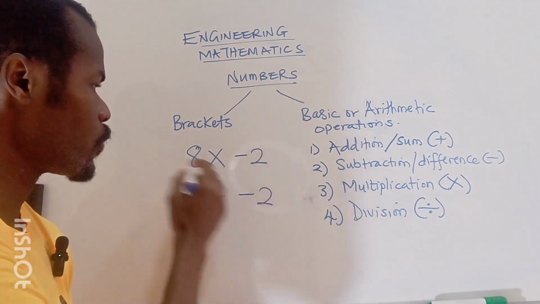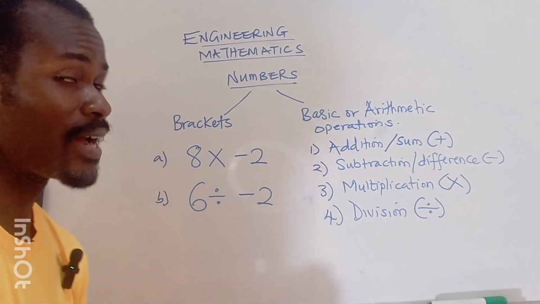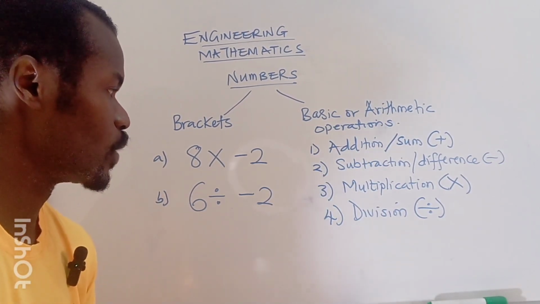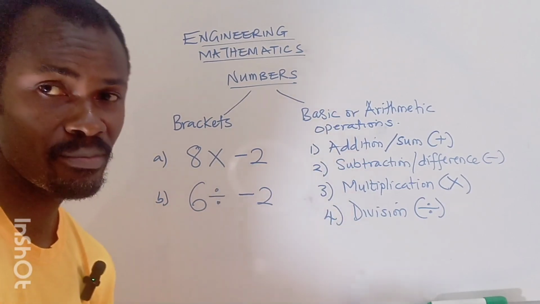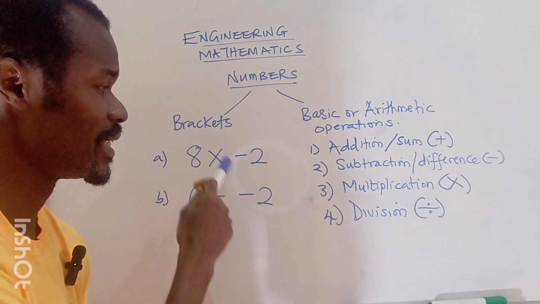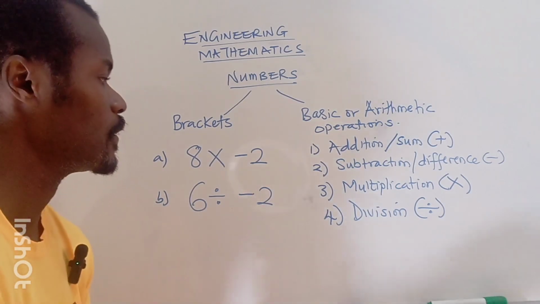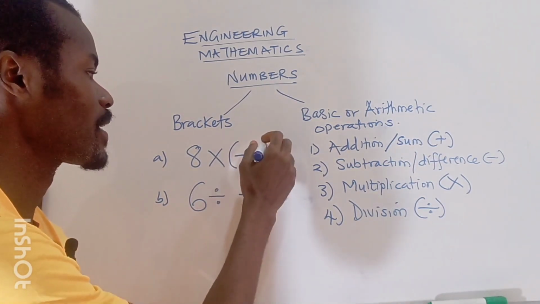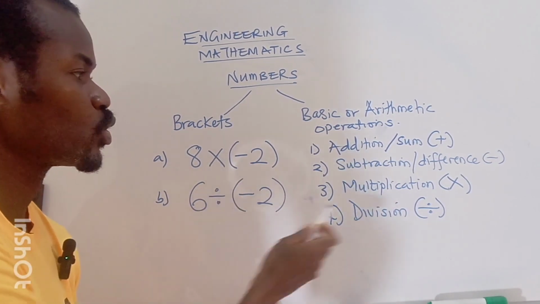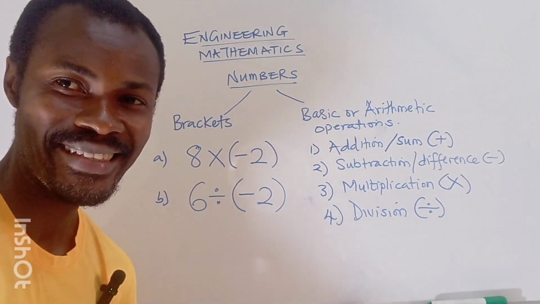So what we need to do in this case is simply put our bracket. Remember the first rule: brackets are used to cover negative numbers, to separate the negative number from a particular basic operation. So we are going to insert a bracket like this and also like this to separate two basic operation symbols.